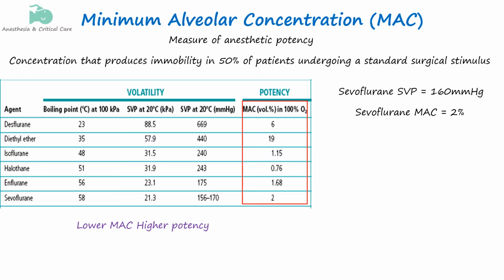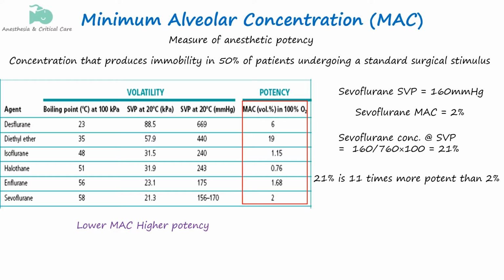Now when sevoflurane is fully saturated at atmospheric pressure of 760 mm of mercury, the concentration would be around 21%. This is significantly higher than the 2% MAC value, implying that sevoflurane at its SVP is approximately 11 times more potent than the amount needed to achieve anesthesia in 50% of patients.